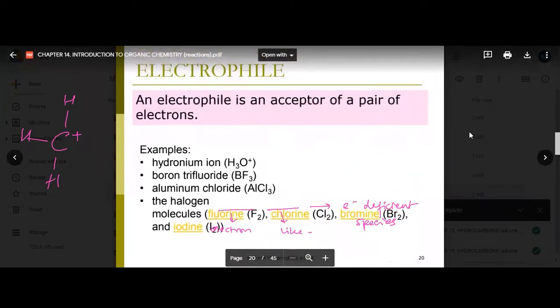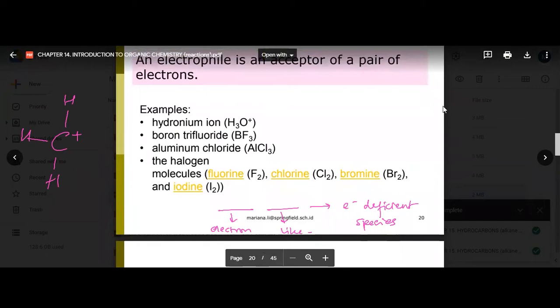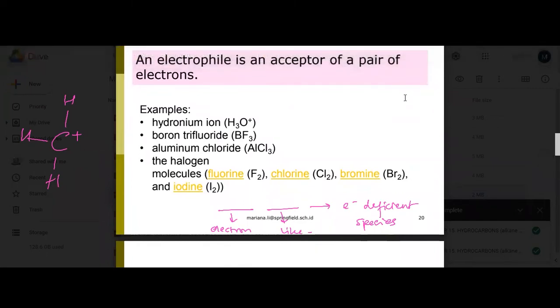So an electrophile is an electron deficient species, or an acceptor of a pair of electrons. The examples of electrophiles are those that are positively charged, or a species that has not achieved octet yet, such as BF3. You know that B is in group 3 in the periodic table, and although it already makes 3 covalent bonds with fluorine, it still has only 6 electrons, right?